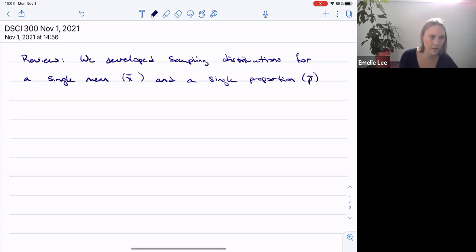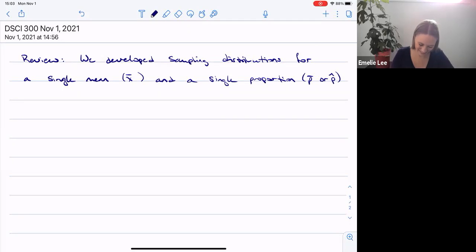I don't like that, usually I use P hat, but I'll do it to stay with the textbook here. Maybe I'll write P bar or P hat if you prefer. Really what we have is a sample mean or a sample proportion.